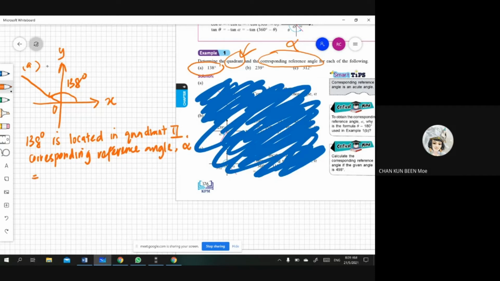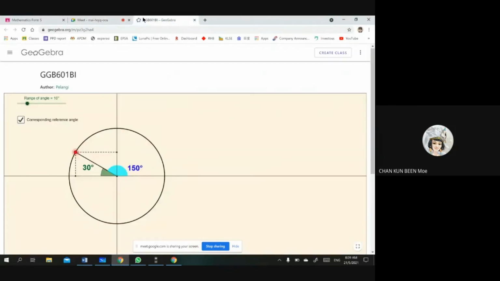Okay, so how do I get the corresponding reference angle? Do you remember the alpha that we got earlier using GeoGebra? This one? Still remember? Yes. I told you all the reference angles are near the x-axis.